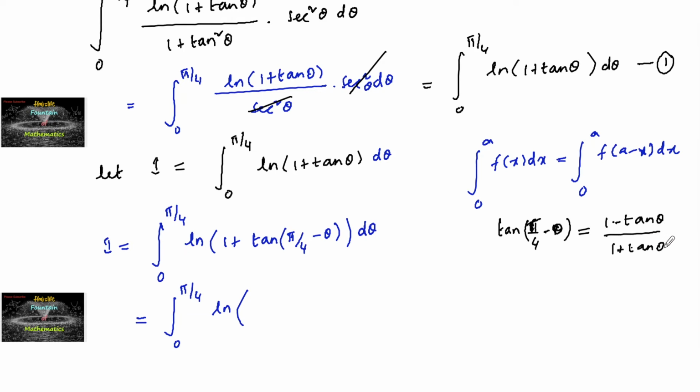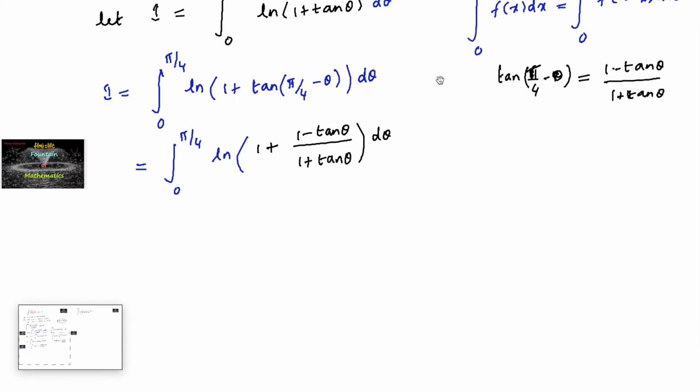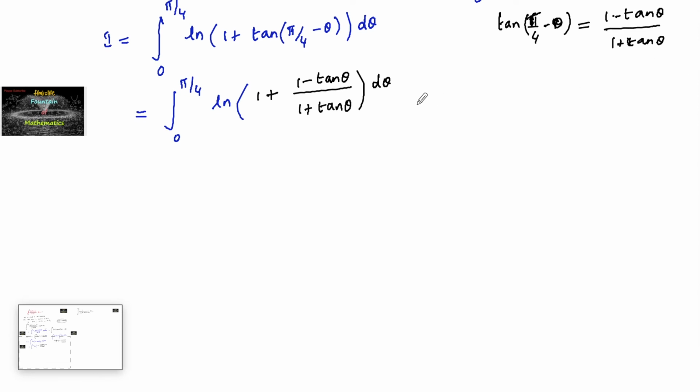So let us use this formula here, or we can substitute (tan a - tan b) upon (1 + tan a tan b). tan a is equal to tan π/4, that is 1, and tan b is equal to tan θ. So we'll get this. So 1 + (1 - tan θ) upon (1 + tan θ) dθ.